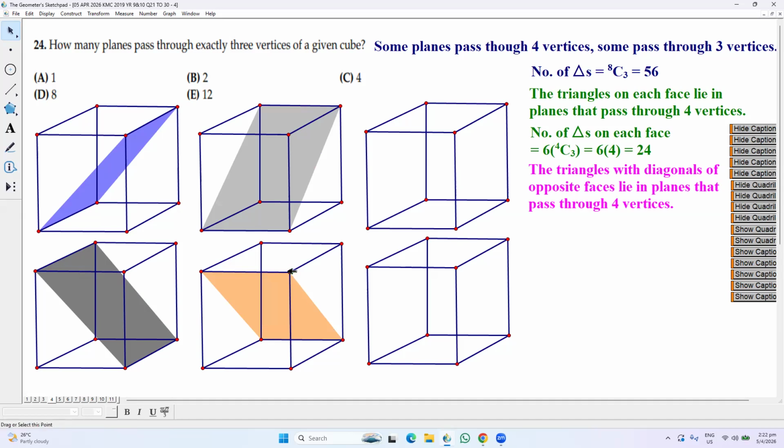For the right face, the diagonal can slope the other way. So again, this we don't want. Triangles inside this plane are in the plane that has 4 vertices. Then we can choose the top face and the bottom face. Opposite faces, top and bottom.